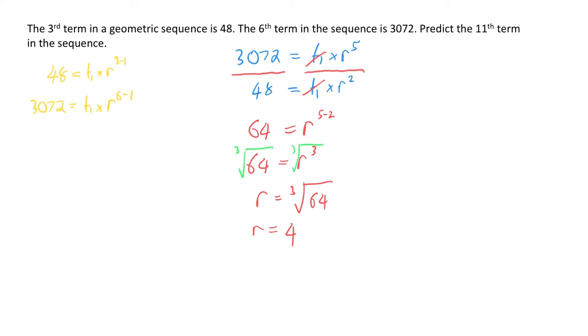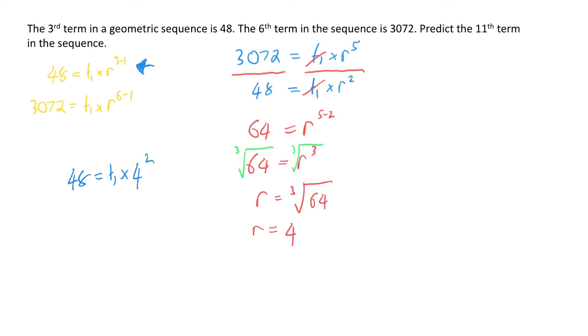Having found that ratio, I can go ahead now and find the first term. To do that, I want to substitute back into an equation. I'm going to choose the top one over here because it has the smaller value of 48. This time when I write the equation, I'm going to substitute in 4 instead of R. So that is 48 is equal to T1 times 4 to the power of 2.